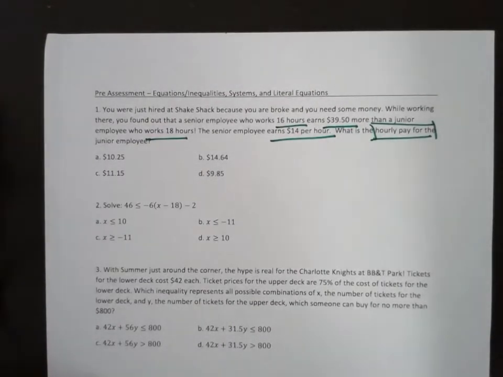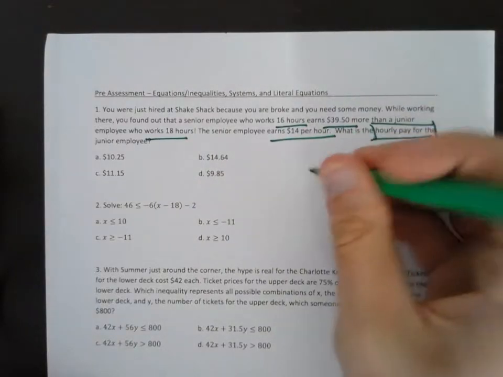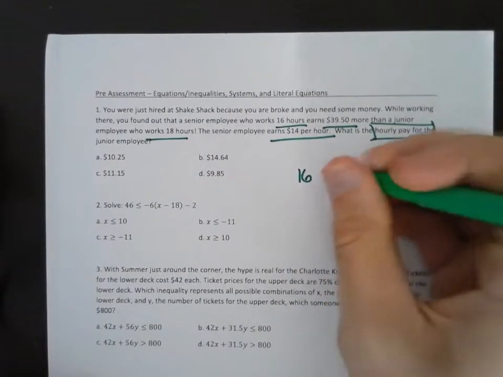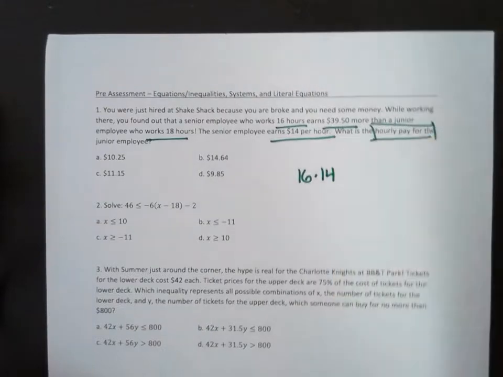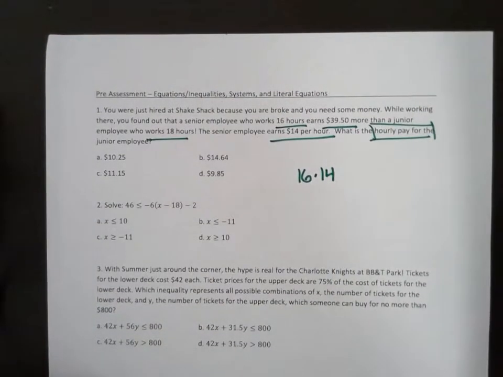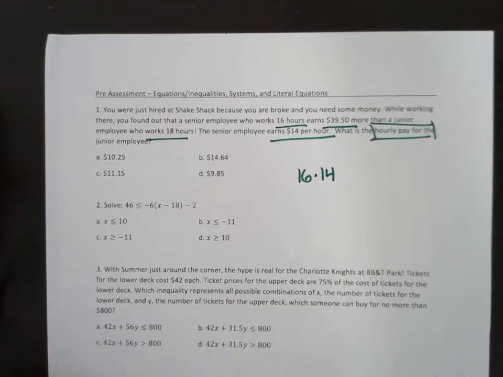Now, what it gives us is, all right, the senior employee works 16 hours and he gets $14 an hour. Then it also says that he earns $39.50 more than the junior employee.